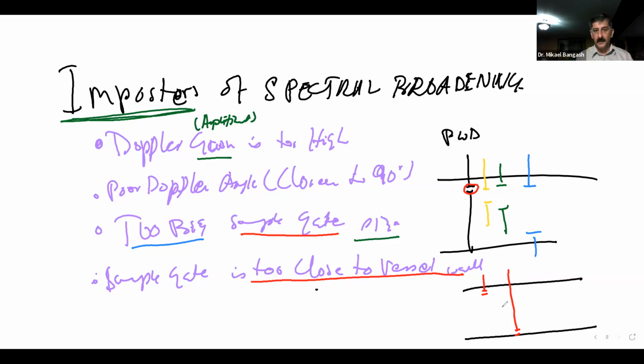So ideally, and you will most likely hear your teachers say this in your vascular scanning, whenever you record a velocity, keep the gate in the center of the vessel. Did that make sense?